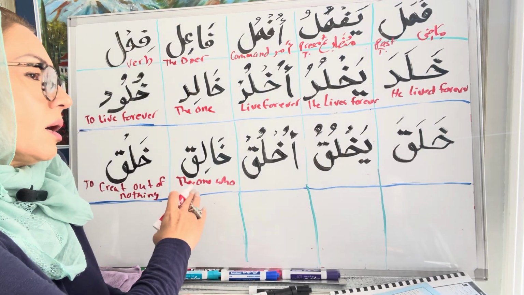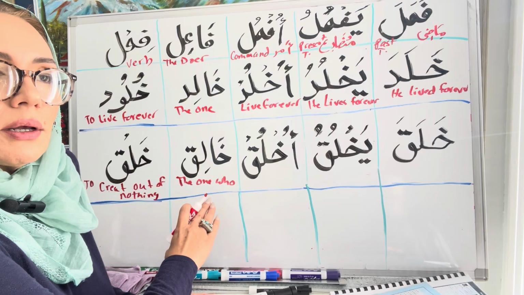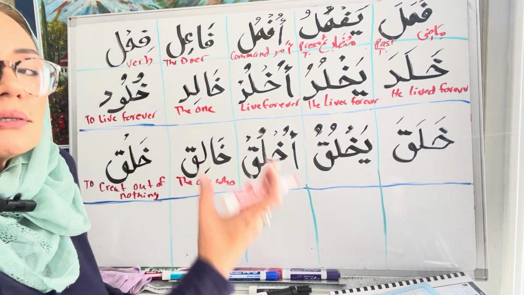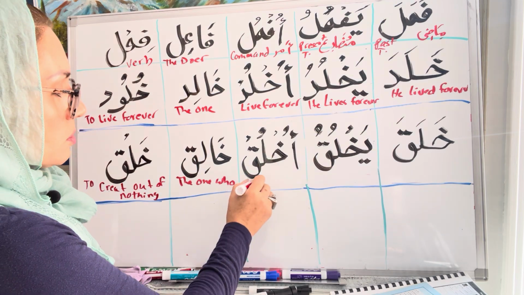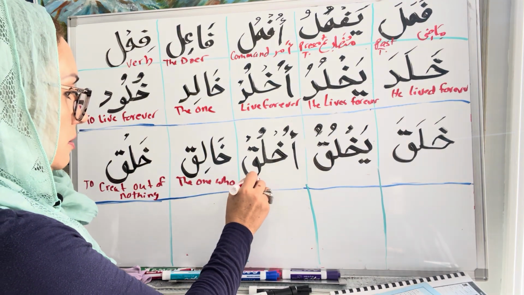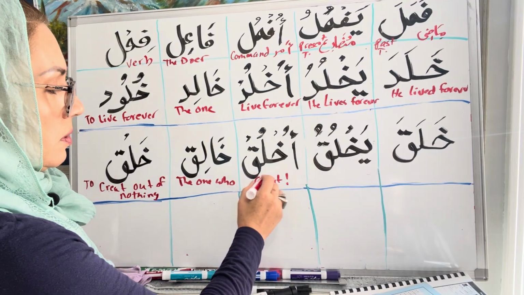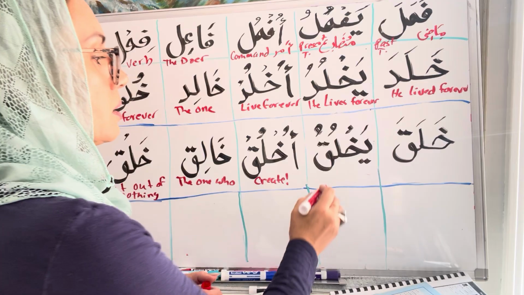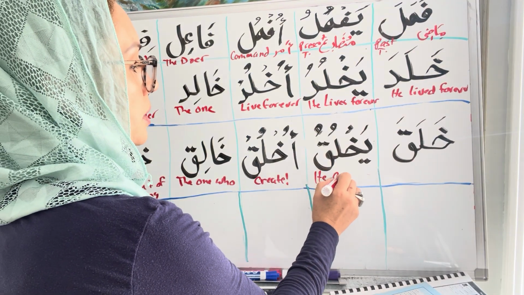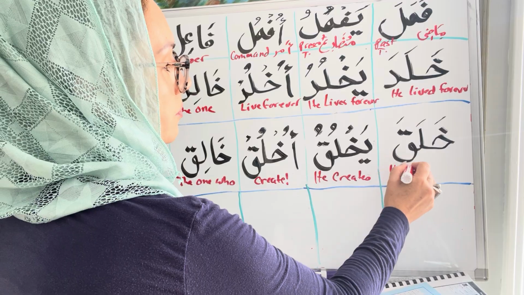So in this case, one of the names of Allah subhanahu wa ta'ala is Al-Khaliq, because he is the one who creates. Ukhluq means create. It's command. And then yakhluqu, he creates. And then khalaqa, he created.